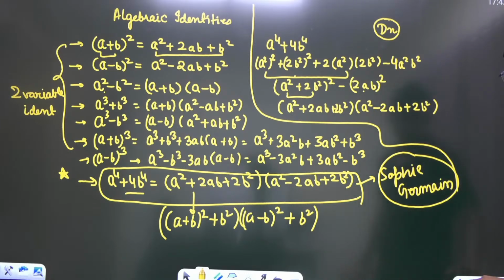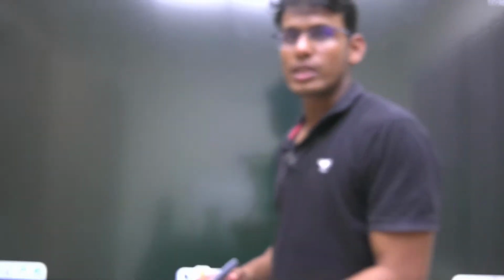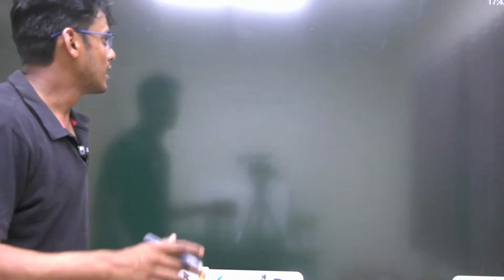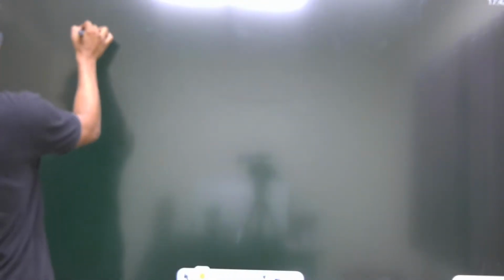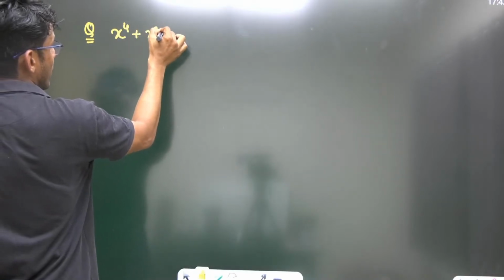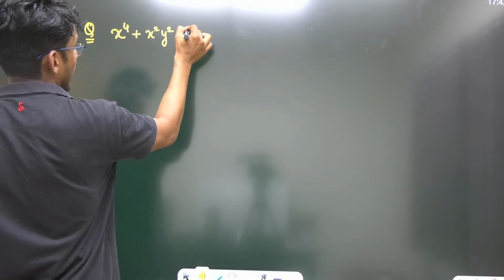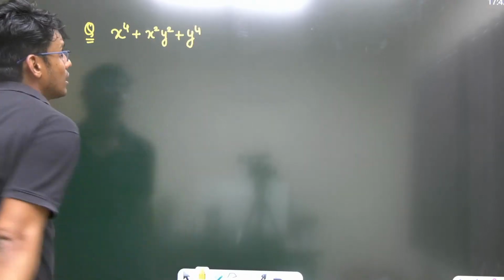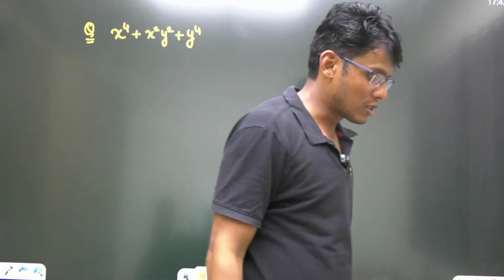Right? Perfect. So let's solve this one. Let's try to solve this problem. Factorize x to the power 4 plus x square y square plus y to the power 4. Let's solve it.